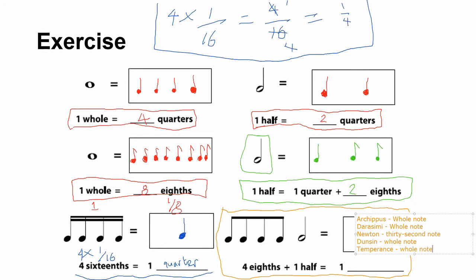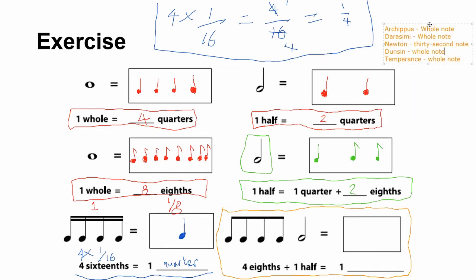Whole note, okay. Dunsin, do you have an answer? We can't hear you. I also think it's that, sir. It's what? The whole note, sir. Whole note, okay. All right, so let's see who is correct now. Let's follow along. Just pay attention and follow along as we do this together.